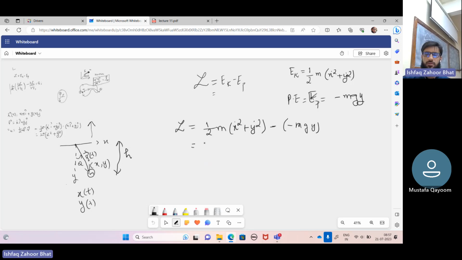So this will be equal to 1 by 2 m x dot square plus 1 by 2 m y dot square plus mgy. Okay, so we have got the L.